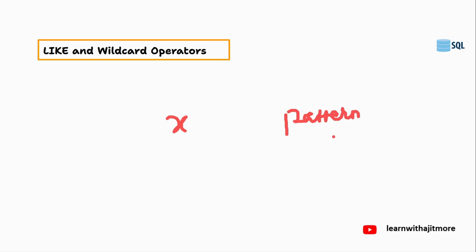Something starting with, ending with, or having a substring, or something at the second position or second last position, like that. So you have a pattern and you want to match your value with that pattern. If your value matches the pattern, true. If the value doesn't match the pattern, false, means it will be rejected. Get it? So how to match this value with this pattern? There is the LIKE operator.